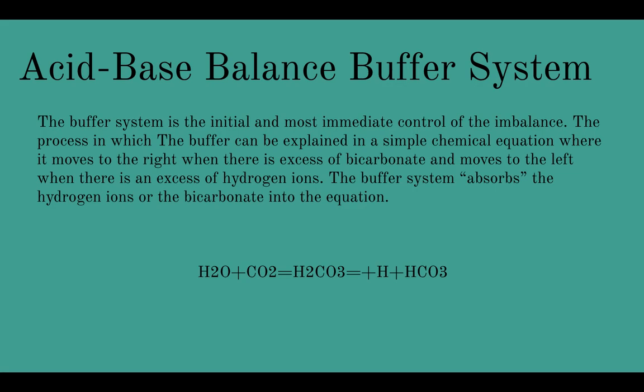Whenever it does that, that's essentially the buffer system, and what it does is absorb any excess of hydrogen ions or bicarbonate into this equation. So you have your water and CO2, which form carbonic acid, which then splits up into hydrogen and bicarbonate.